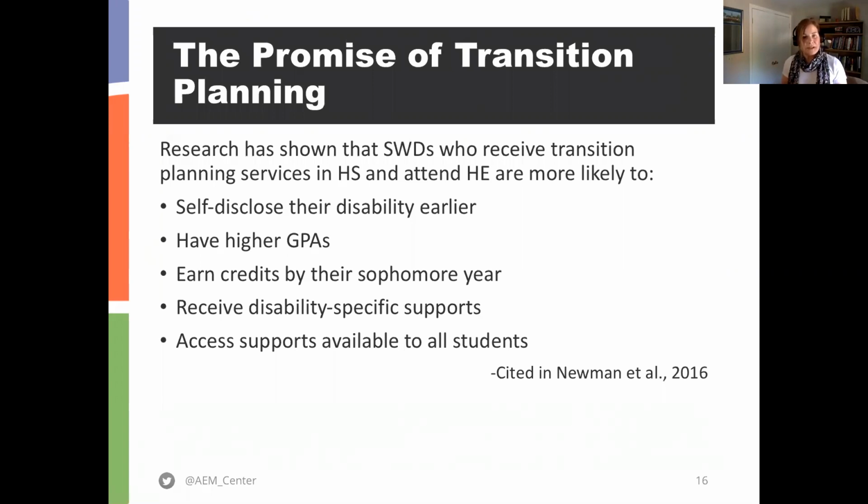Students with disabilities who have had transition support are more likely to access those, as well as some of the peers. On a lot of campuses, it's the smartest, most motivated students that are using the campus resource, sometimes called the Academic Success Center. And we need more students taking advantage of those supports, and they need to be prepared to do that.